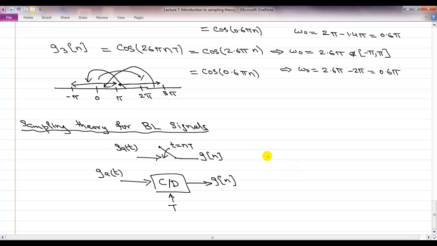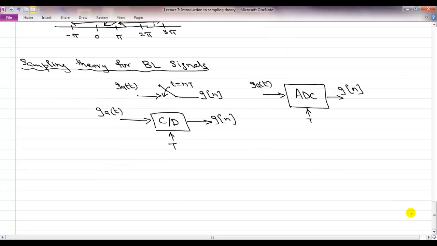Sometimes you get also a diagram like g_a(t). Sometimes people just write ADC on it with T and g[n]. So you can be given different figures. They all mean the same thing, what we talked about, that you're measuring your signal every T seconds.